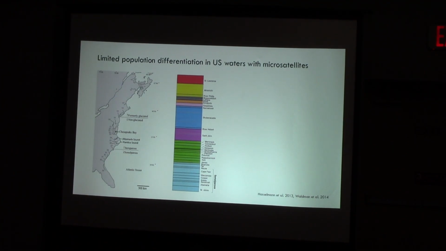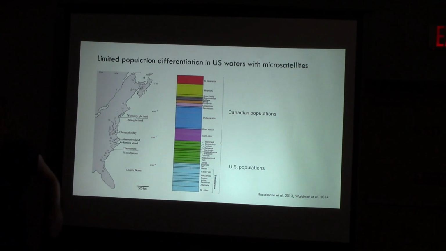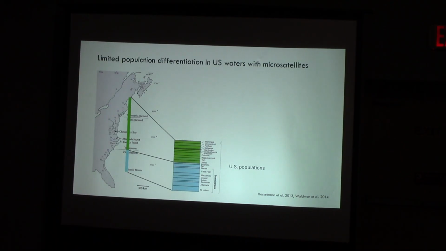So you can see that there's this very clear clustering into distinct groups here, which looks like great foundations for assignment. But unfortunately, most of this fine-scale structure is found up in Canada. In US waters, which is where the management interest is most intense, these data only resolve two major groupings.